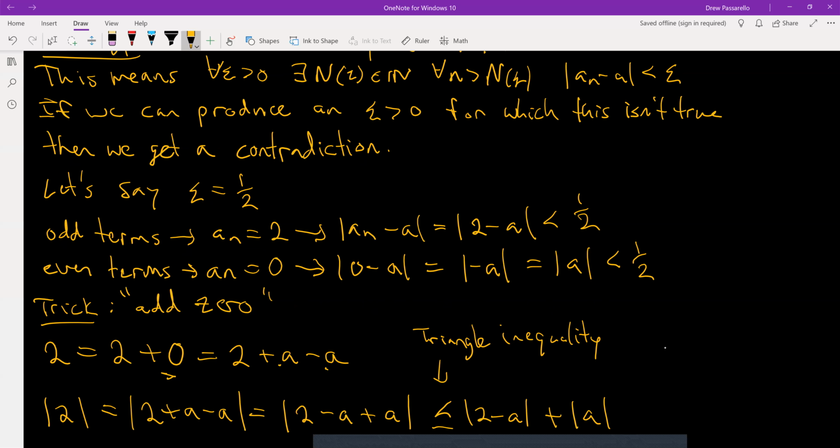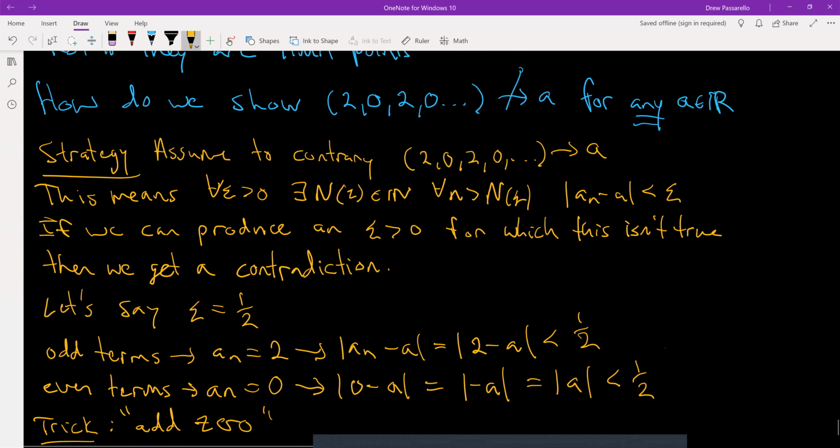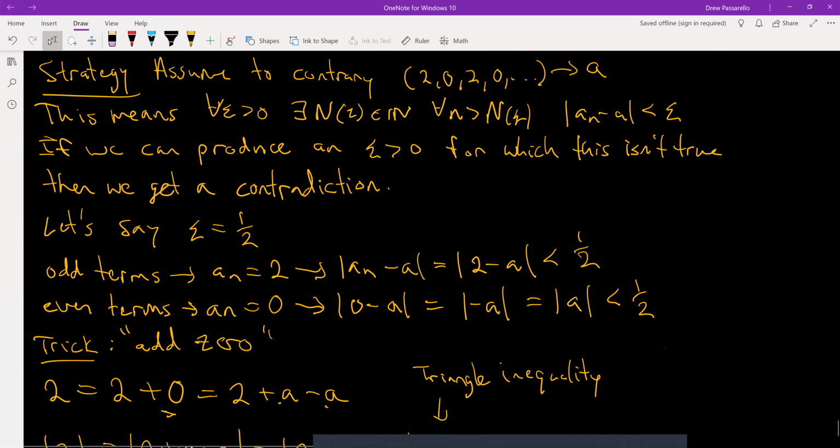Again, we're assuming it converges to value a, so it's got to work for every epsilon. So let's make our lives easier and just pick a specific value for epsilon, and I chose 1/2. So for the odd terms, the distance from 2 to a is less than 1/2, and the absolute value of 0 minus a also has to be less than 1/2.